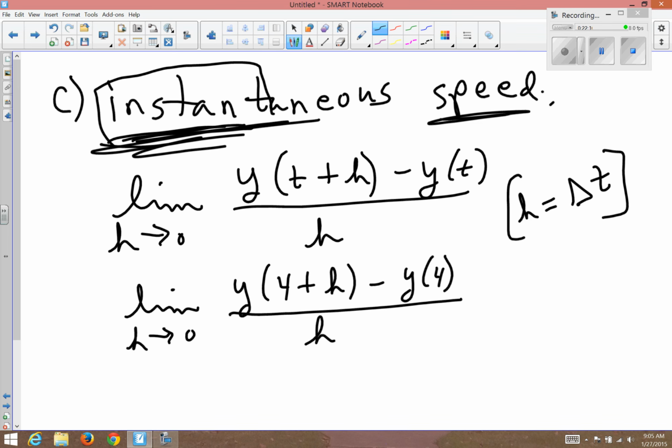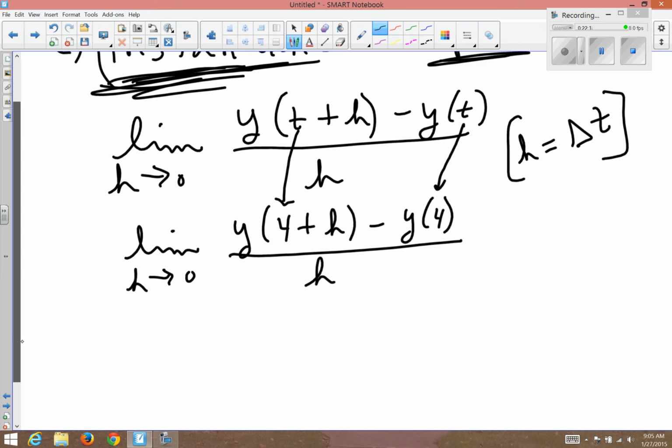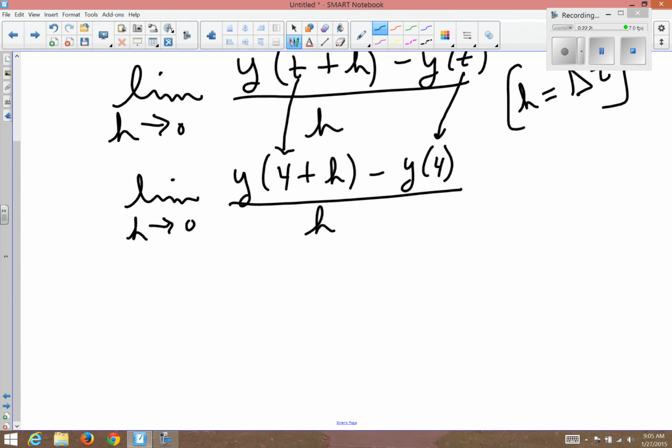This is finding the speed at exactly the instant 4, because that is exactly the time that it hit the bottom. That's the instant. The h will be 0. Amazingly enough, because we can't divide by 0. But we can do algebra.